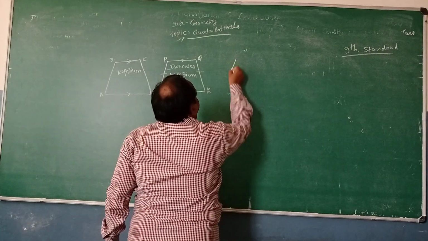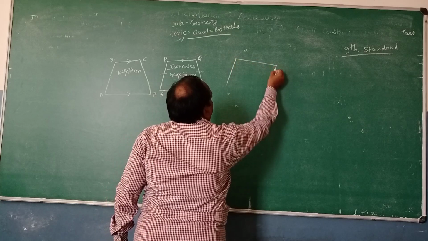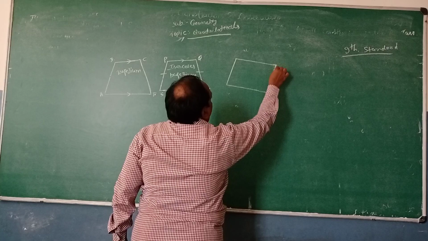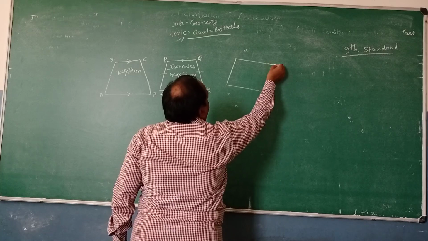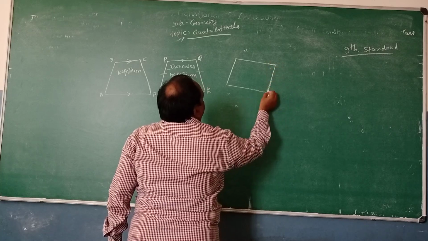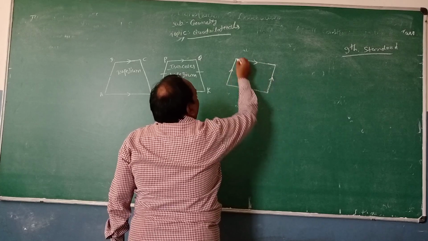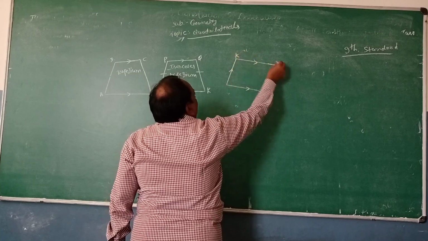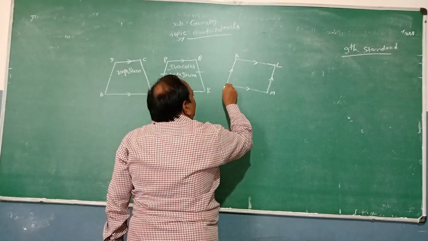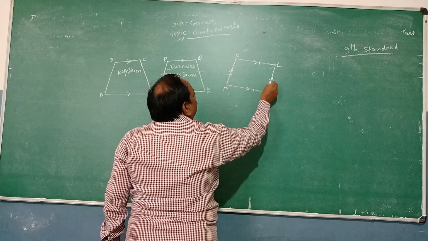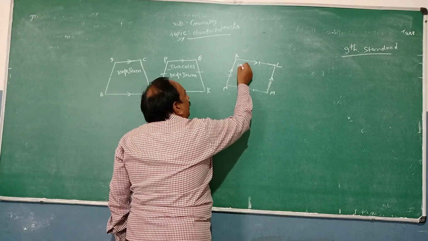Then we have K, L, M, N. Opposite sides are equal and opposite sides are parallel.